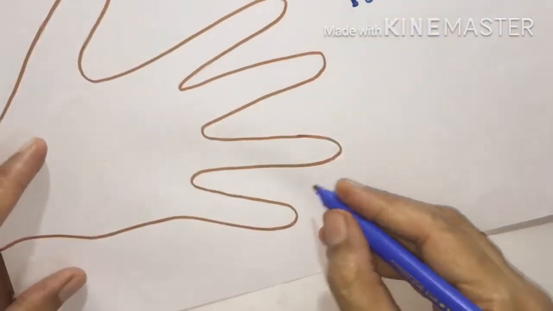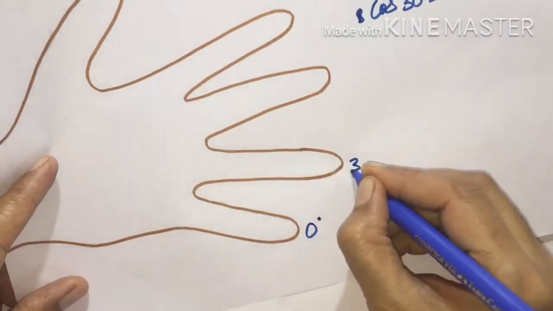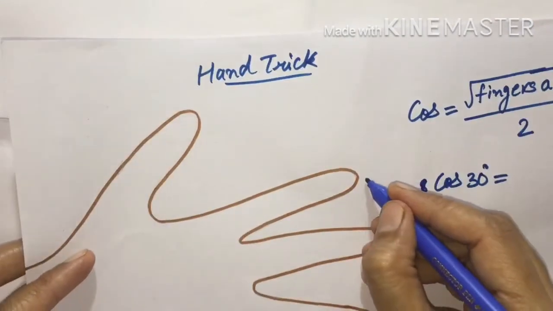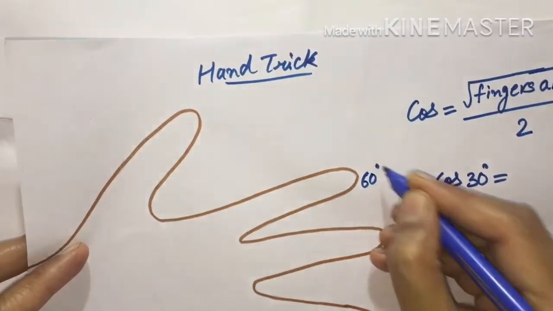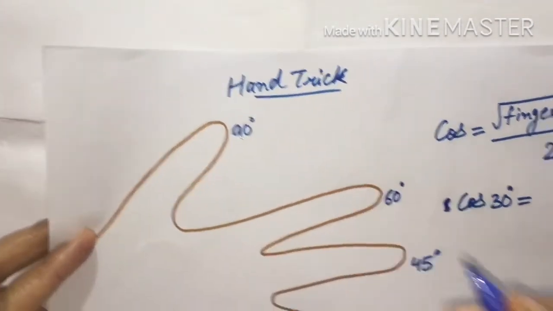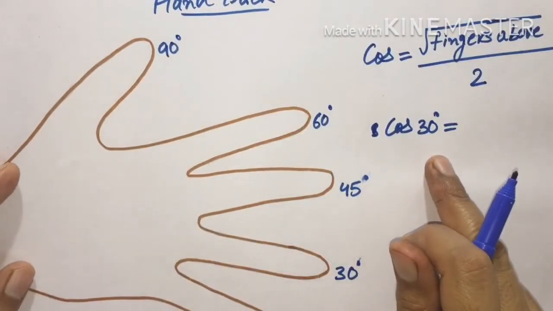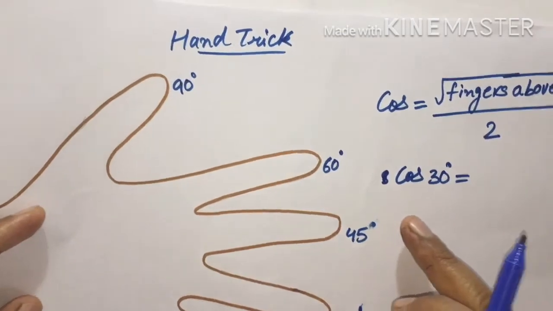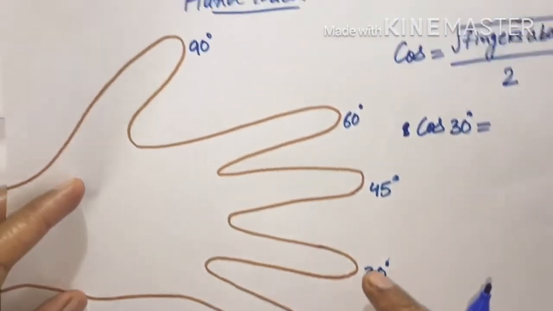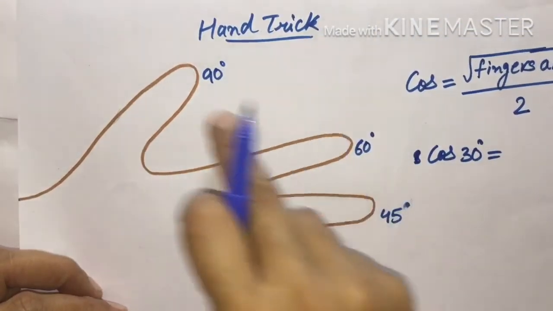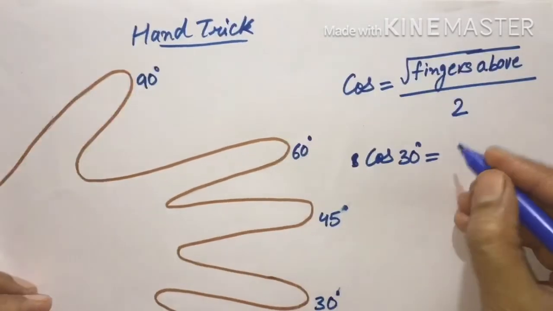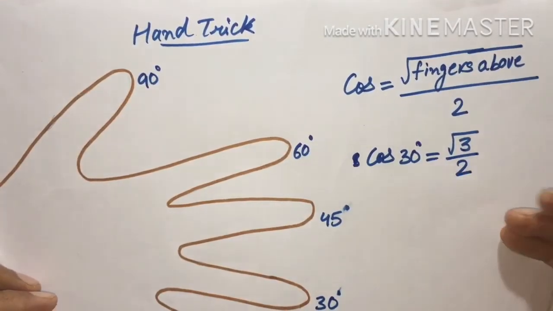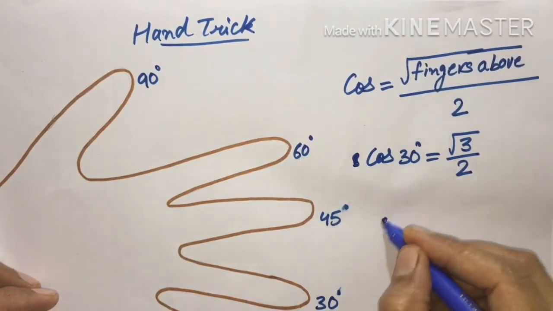First we will write the angles: 0 degree, 30 degree, 45 degree, then 60 degree and 90 degree. For cos 30 degree, we have to see the fingers above this value. Above it 3 values are there: 1, 2, 3. 3 fingers are above. So we will write down root 3 upon 2. So this is the value of cos 30.